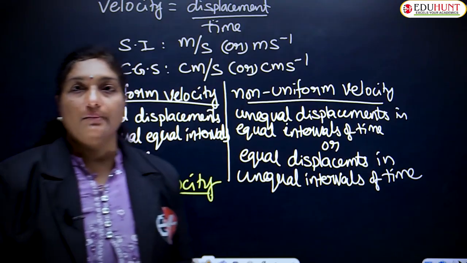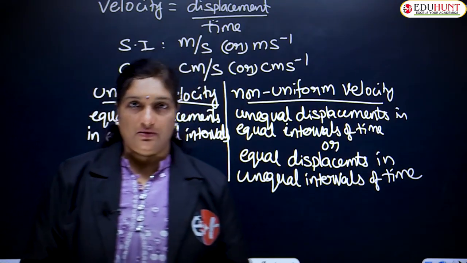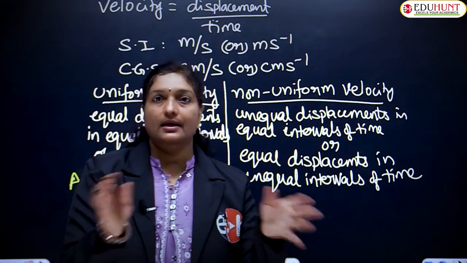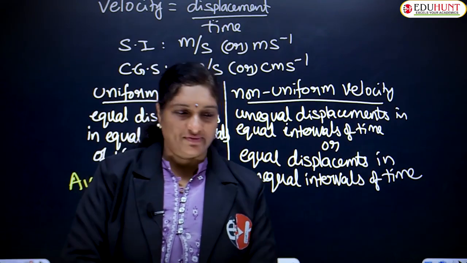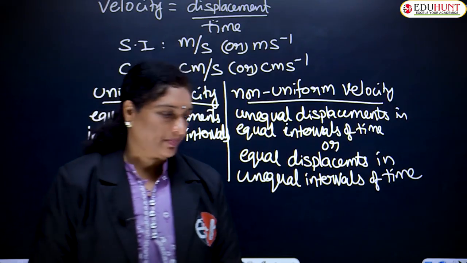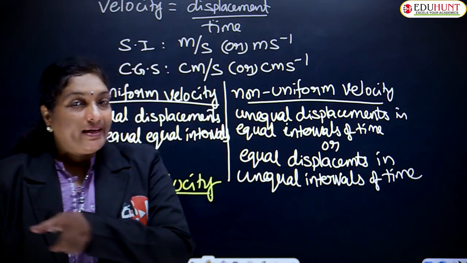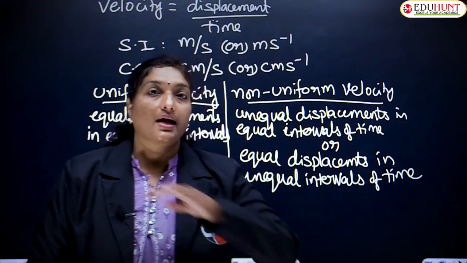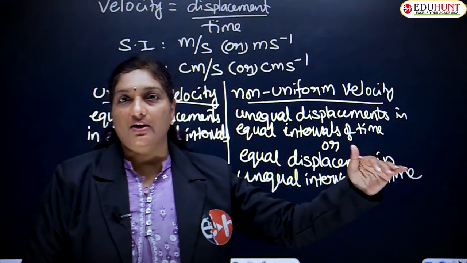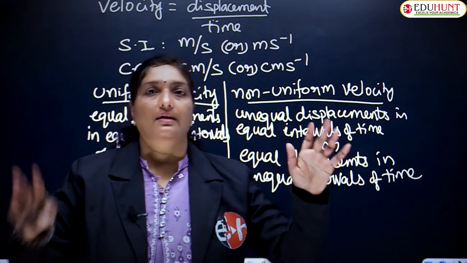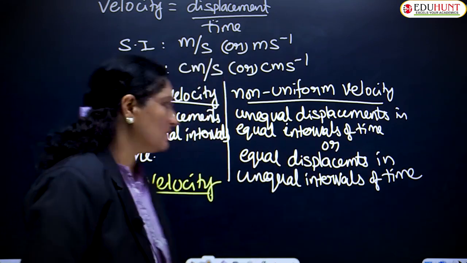Suppose a body moves with non-uniform velocity, a body covers unequal distances in unequal intervals of time. Okay, different displacements in different times. Then we need to calculate the average of all values, that is, the total displacement covered by the body per total time interval is called your average velocity.